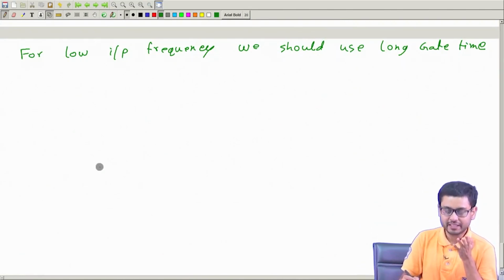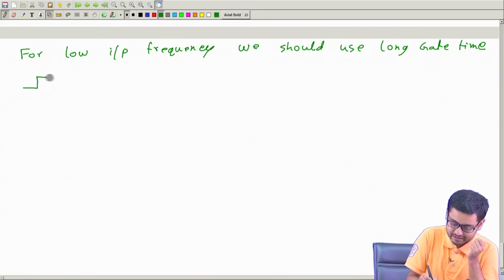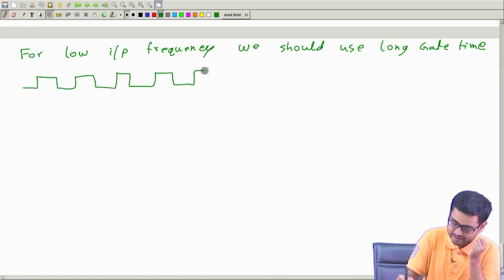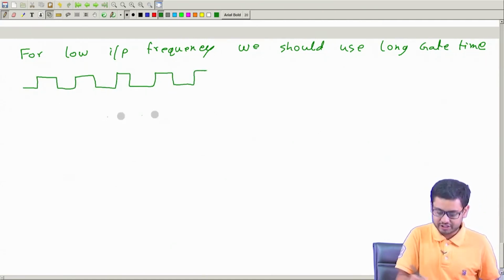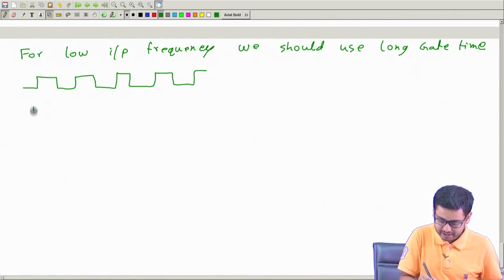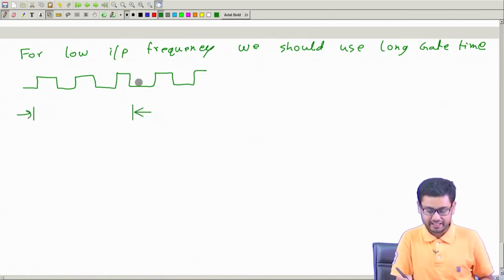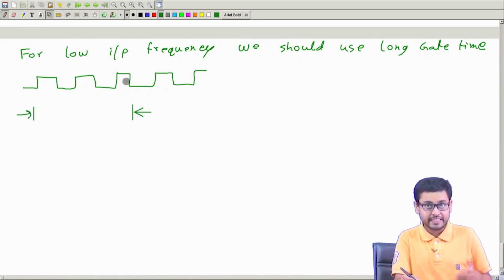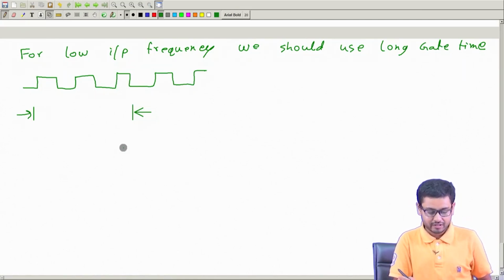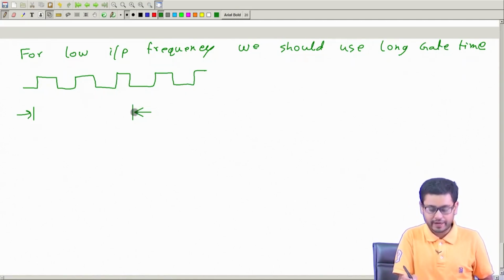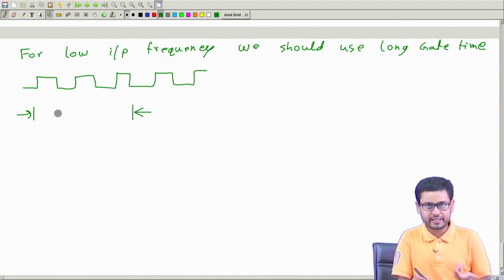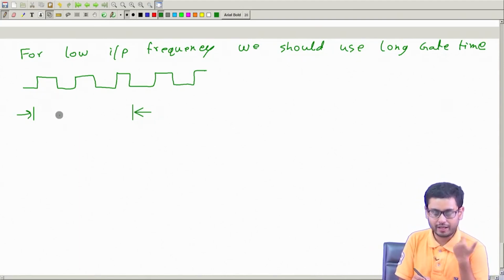This actually means if this is the input signal, then wait for a sufficiently long time. I mean, do not just count this many, only 3 cycles. Okay. Then there is a chance of missing one cycle or having an extra cycle. Okay. So, this is actually 1 to 2.5 cycles. So, you can get one extra or one less.